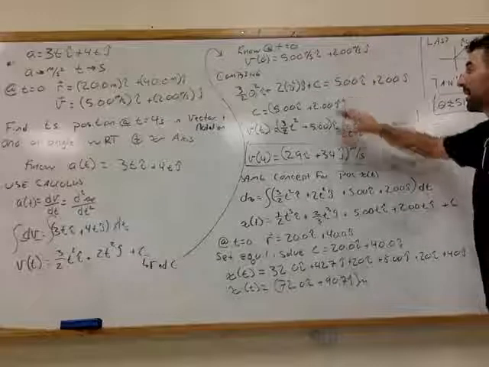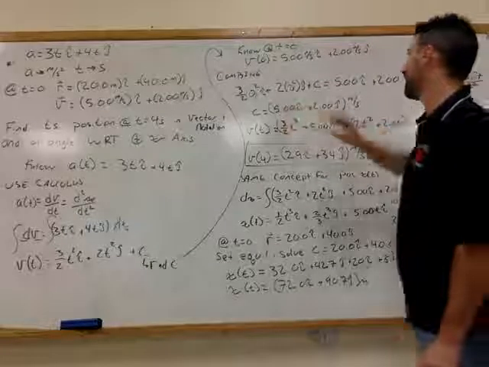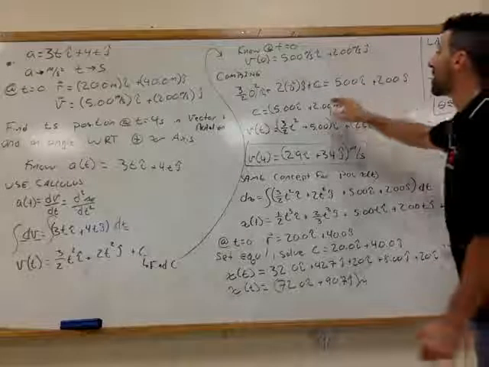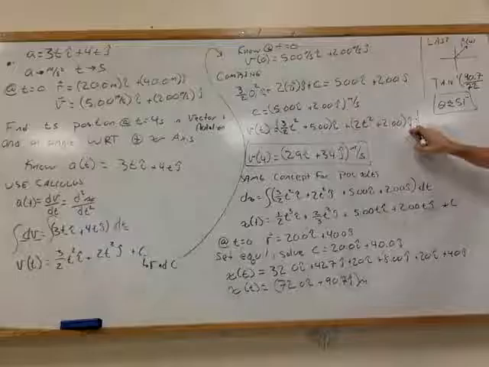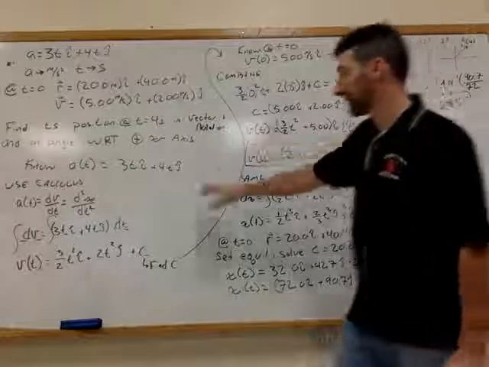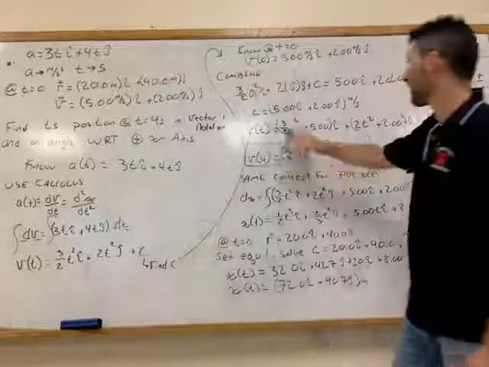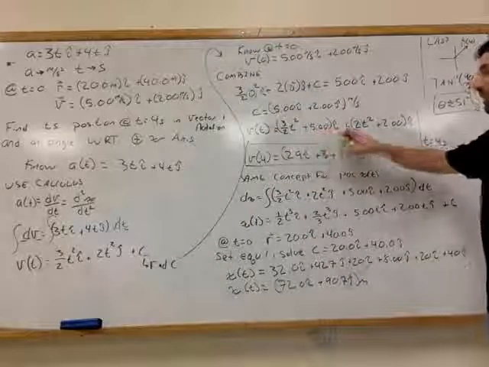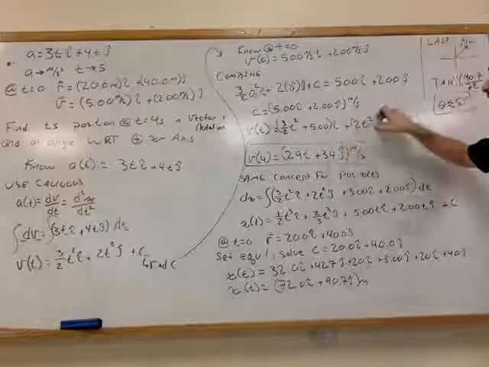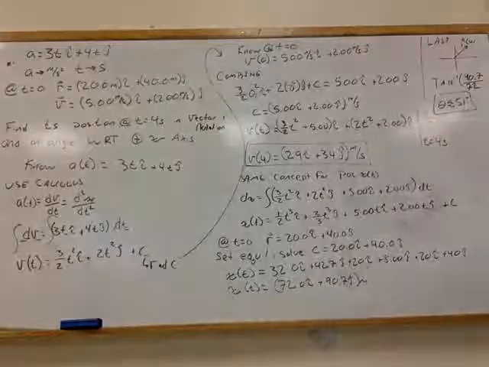Here I can solve for c: 5i plus 2j, in meters per second. Combine all of that back into my general equation for v of t: 3/2 t squared plus 5 in my i hat, plus 2t squared plus 2 in my j hat.